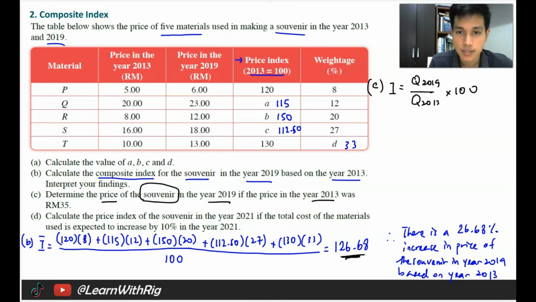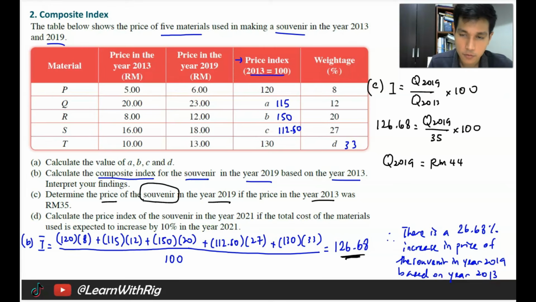So in this case, the index you're using is 126.68. 126.68 equals, you're looking for Q 2019, then Q 2013 is 35, given to you there, multiply by 100. So what is your answer? You can rearrange this. Your Q 2019 should be equal to RM44.34. Okay, this is your answer.